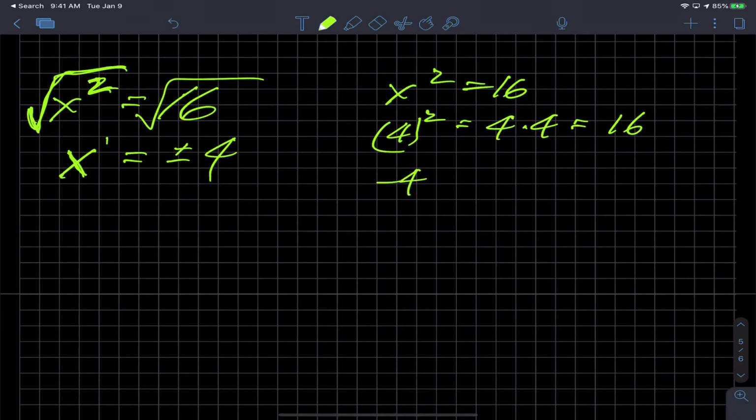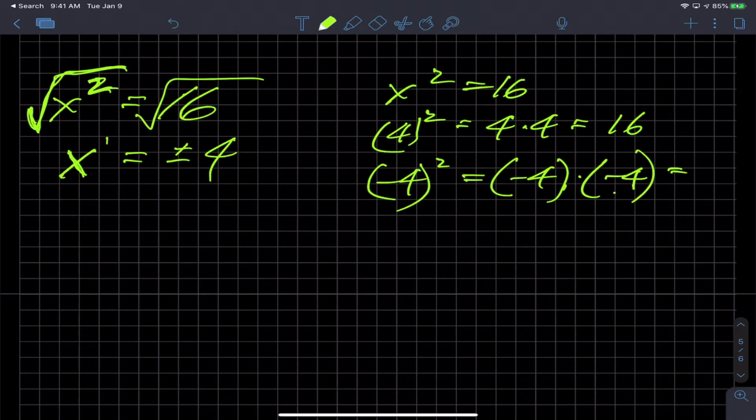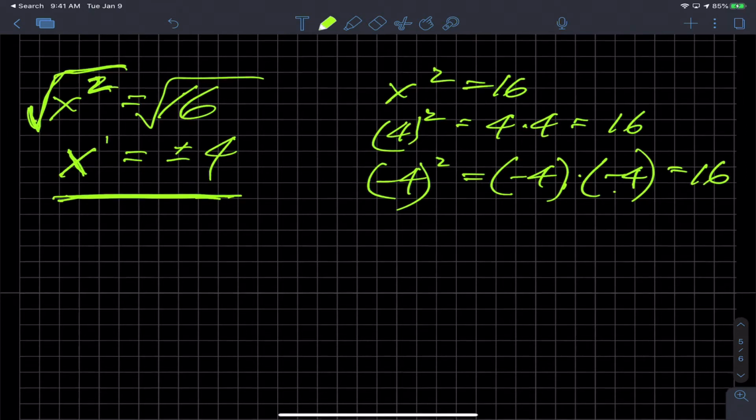But in addition to that, if I take negative 4 and square it, negative times negative is positive, and therefore I still get 16. So both of those answers work. When you're working with an equation and you take the square root of both sides, or the 4th root or the 6th root, or any even root, you need to consider the positive and negative possible solutions. But there's a more mathematical way to see what the square root is really doing.